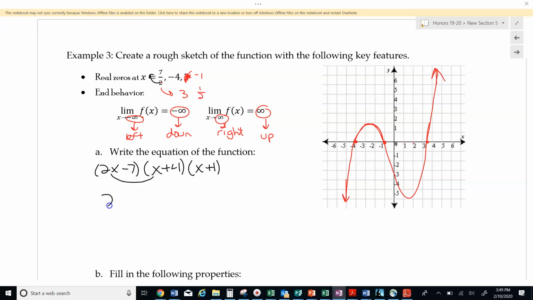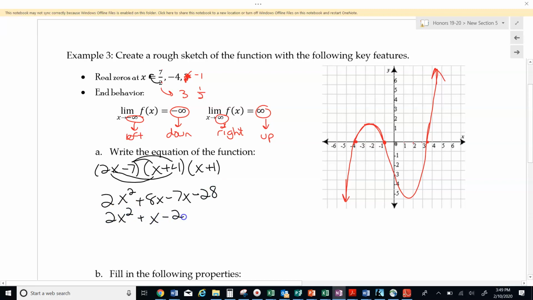Multiplying. 2x squared plus 8x minus 7x minus 28. And we get 2x squared plus x minus 28.